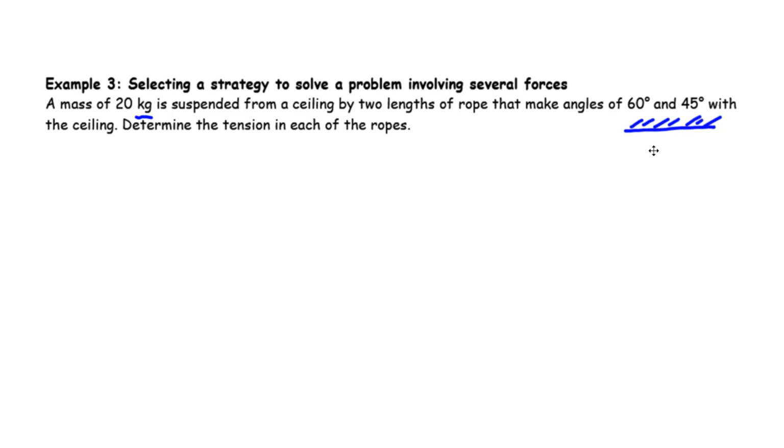Then a mass, an object, is suspended from the ceiling by 2 lengths of rope that make angles. One is 60 degrees, another one is 45 degrees. So I will redraw it. This angle is 60 and another one is 45.